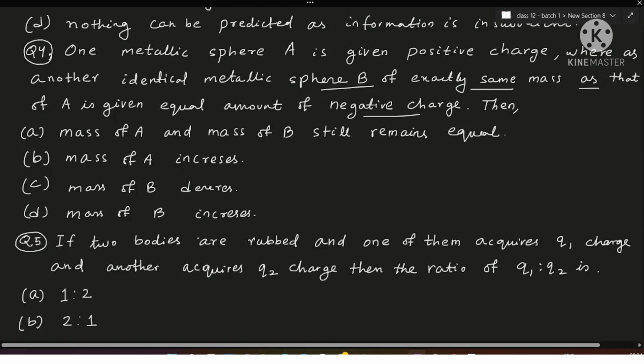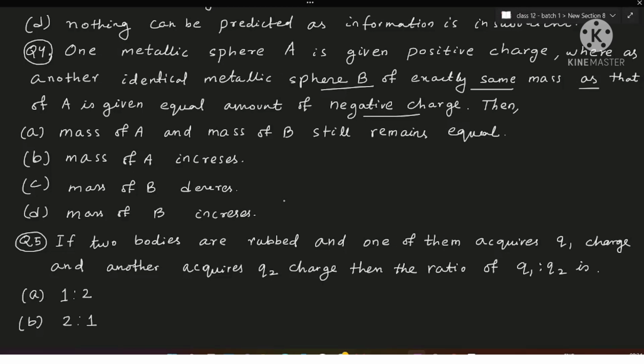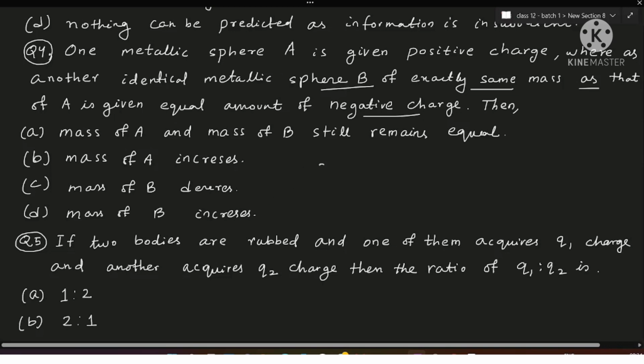Then you have to find whose mass is going to be greater or smaller. So here you can see that suppose this is the metallic sphere A and this is the metallic sphere B. Both are identical, and both are of the same mass.